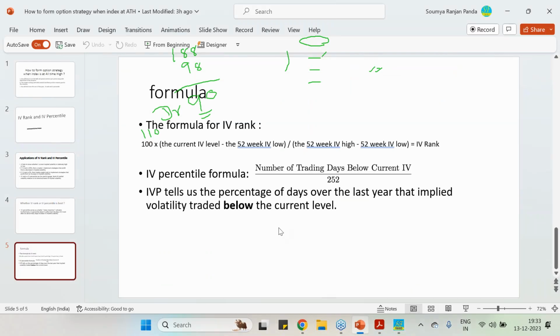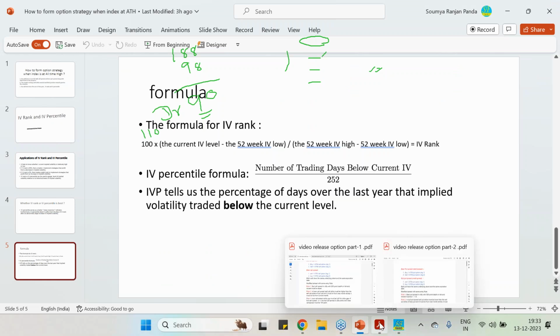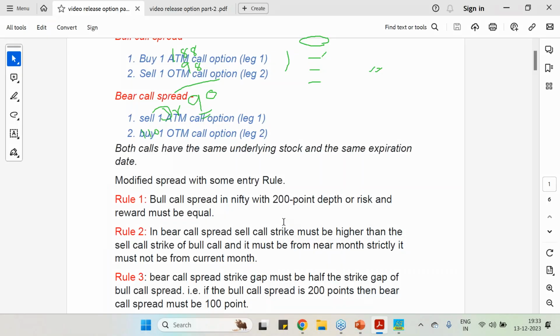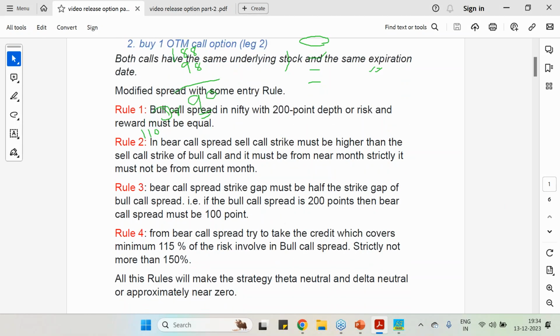However, here too there is a rule. What does the rule say? One more rule. These 5 to 6 rules will make your strategy profitable in all conditions. First, the bull call spread we found, 200 point depth, risk reward equal. Third, the bear call spread strike gap must be half of the strike gap of the bull call spread.